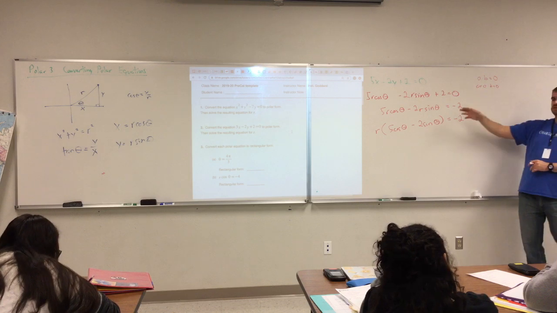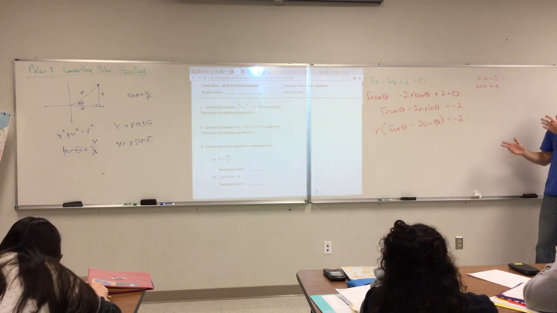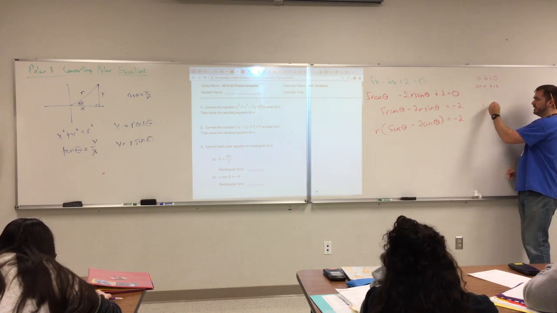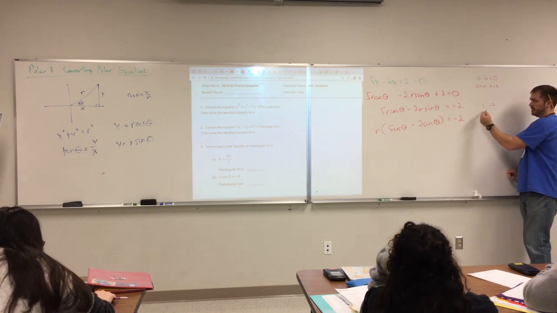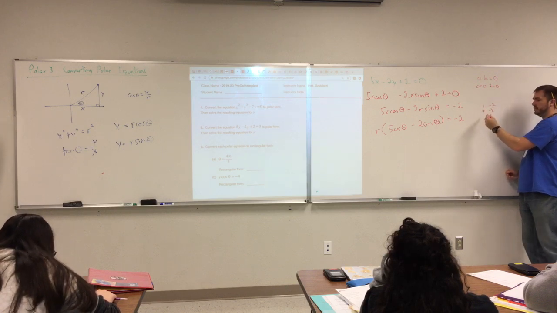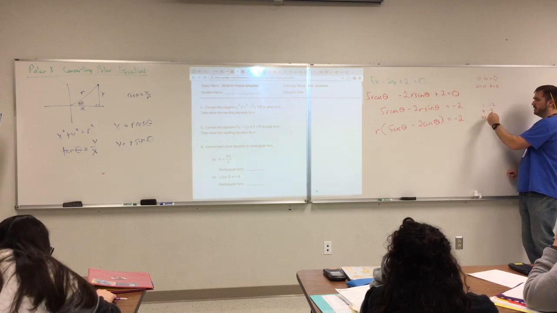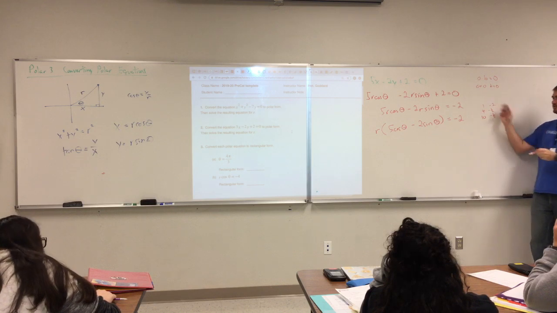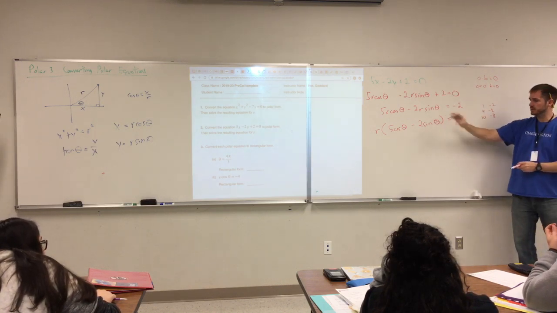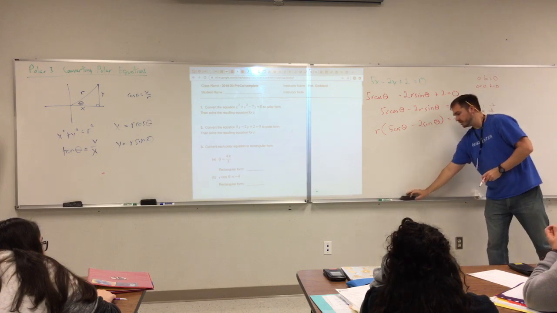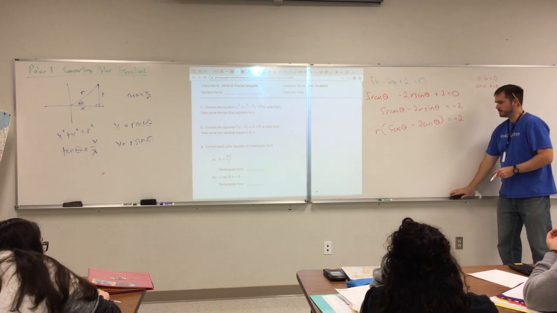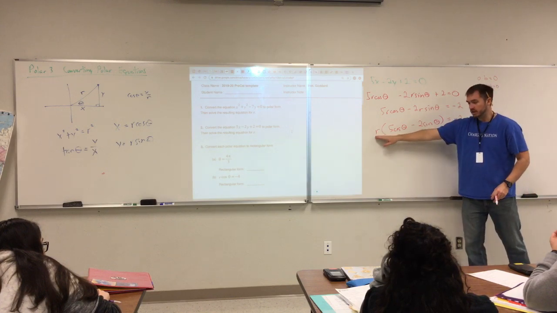If I have two things that multiply and equal -2, well, those numbers could be 1 and -2, or 4 and -1/2, or 10 and -1/5. There's an infinite number of combinations of things that I can multiply together to equal -2.